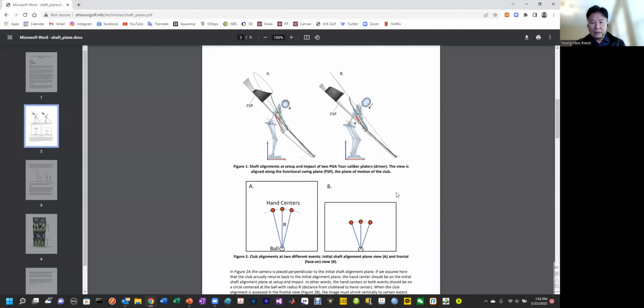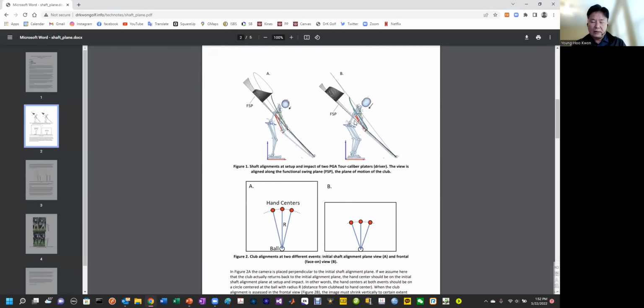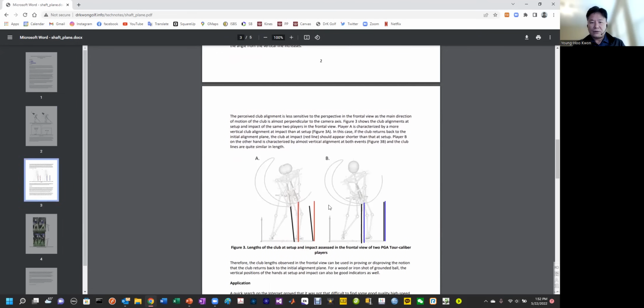Instead of using the down the line view, because there, depending on where you put the club and whether you have the exact instant of club alignment at impact, it looks very different, a better way to figure out whether the club is returning to the initial alignment is using the frontal view.